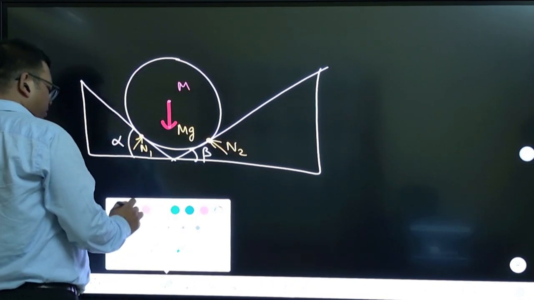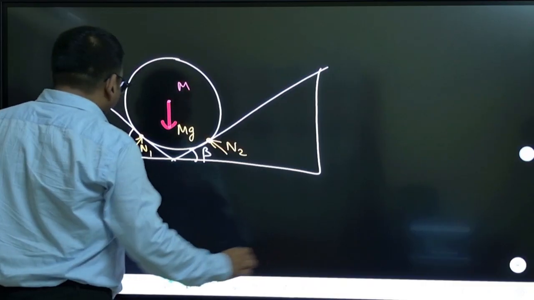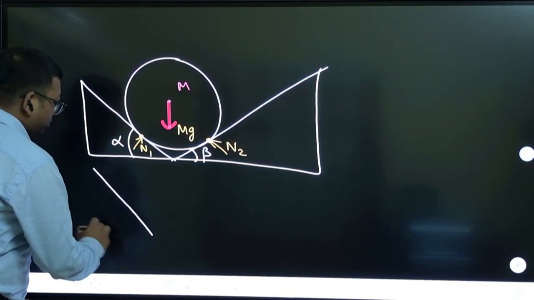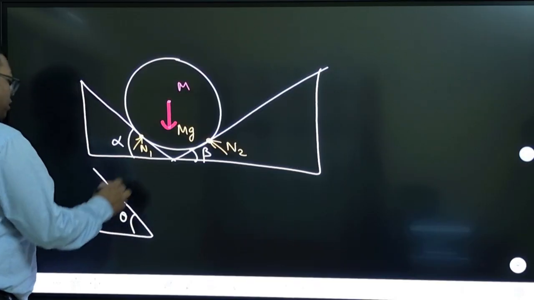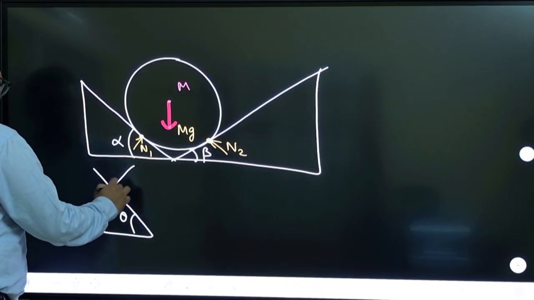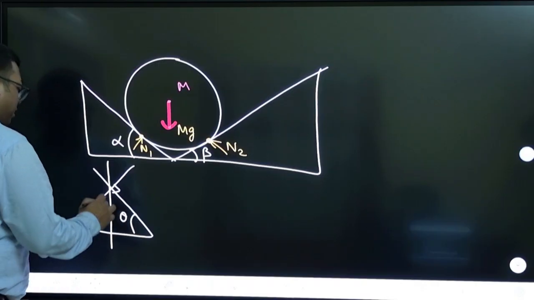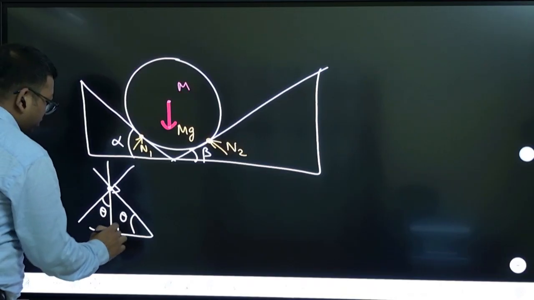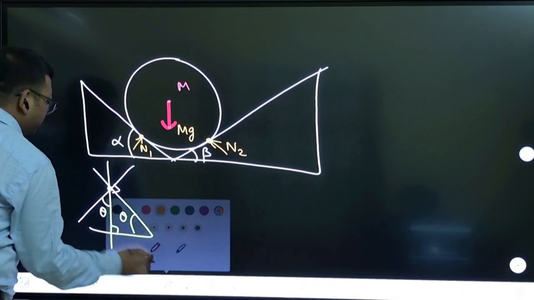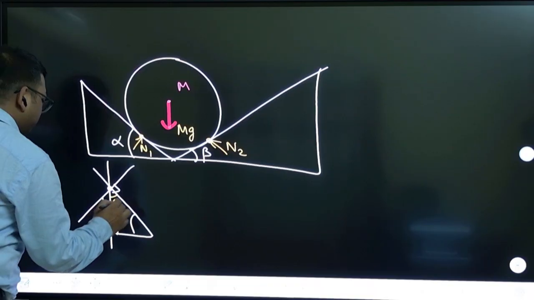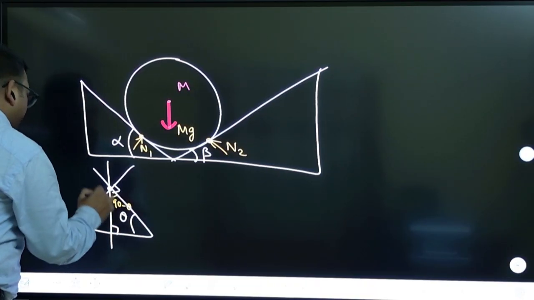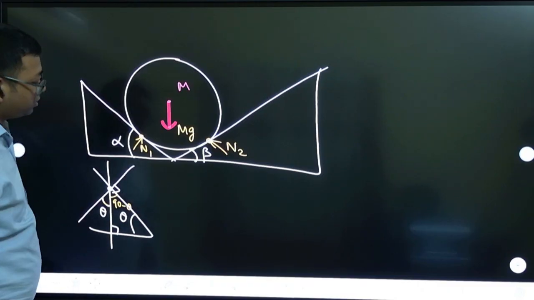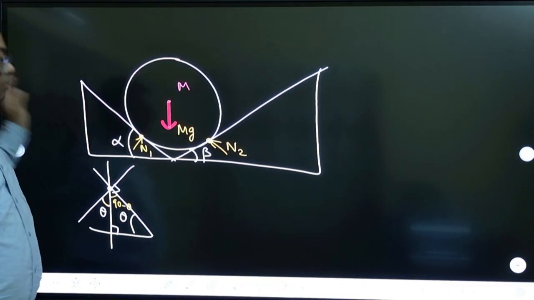Now let us draw the free body diagram. First of all, you should know that suppose this is an inclined plane of angle theta, the normal to this will make the same angle theta with the vertical. This concept also we should know, because this is 90 degrees and this becomes 90 minus theta and total must be 90 degrees. So this is also theta. This is the important concept you should know.